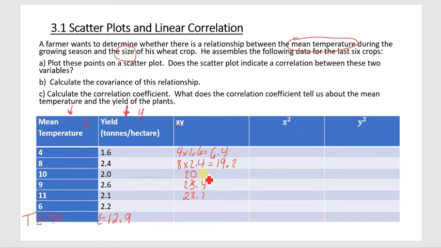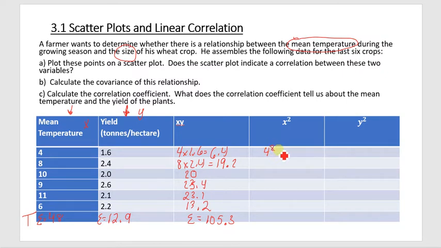And 6 times 2.2, I get 13.2. If we add all of these up, 6.4, 19.2, 20, 23.4, 23.1, 13.2, I get 105.3.